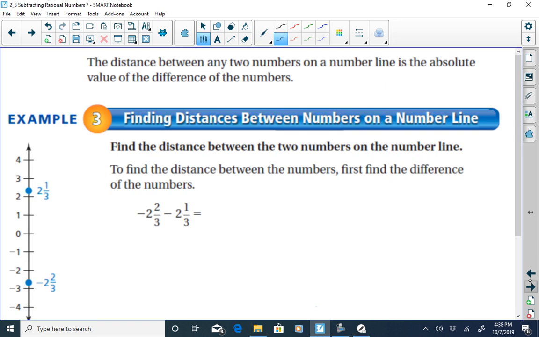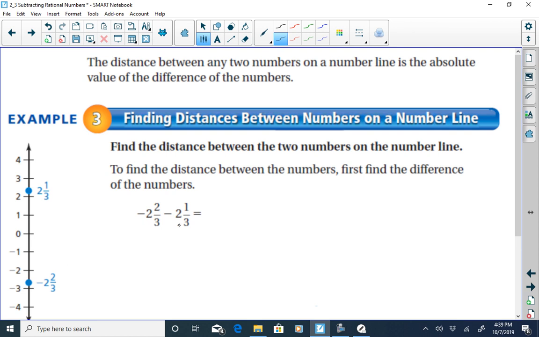Next page. The distance between any two numbers on a number line is the absolute value of the distance of the numbers. So we want to find the distances between the two numbers on the number line, and to do that, we first find the difference of the numbers. So to find the distance between these two values, I have to subtract 2 1/3 from negative 2 2/3.